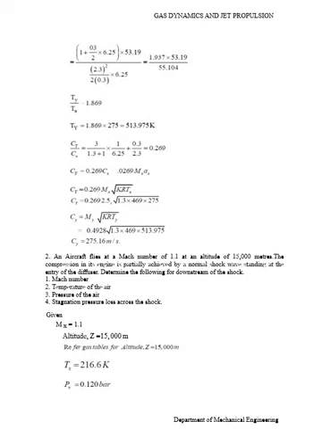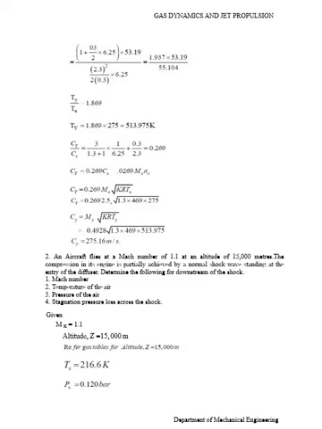Okay. And the next problem: an aircraft flies at a Mach number of 1.1 at an altitude of 15,000 meter. The compression in its engine is partially achieved by a normal shock wave standing at the entry of a diffuser. Determine the following downstream of the shock: Mach number, temperature, pressure, and stagnation pressure loss across the shock.